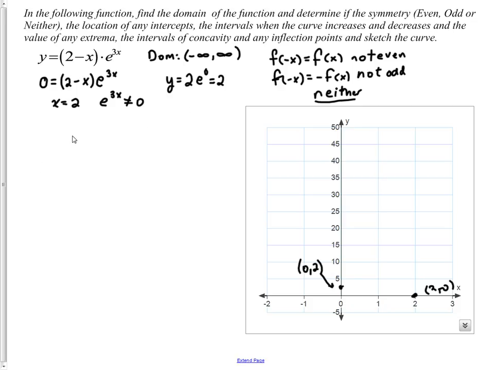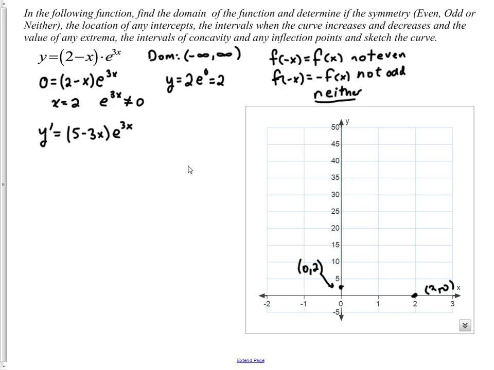The next idea is that we have to be able to find where the function is going to be increasing or decreasing in order to determine maximum, minimum, and other extrema. So we'll go through and find the derivative, and I'd ask you to go ahead and pause and take the derivative yourself just to check this out, and then I'll put up my answer.